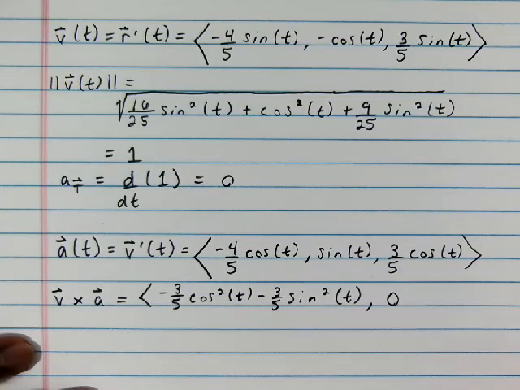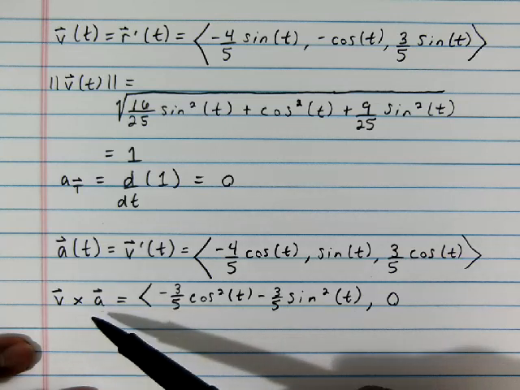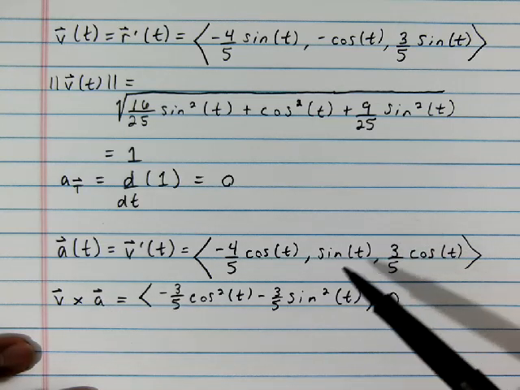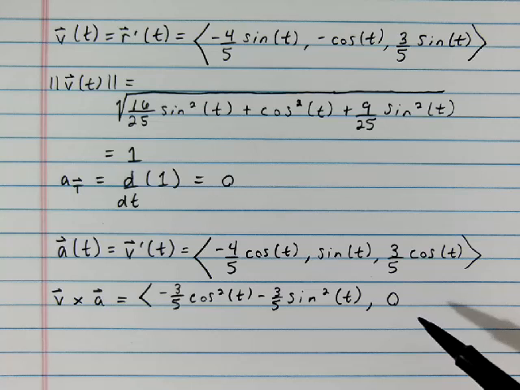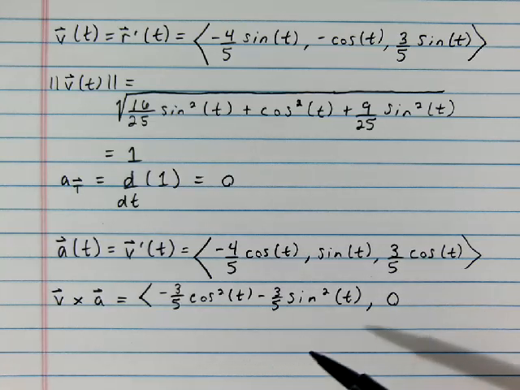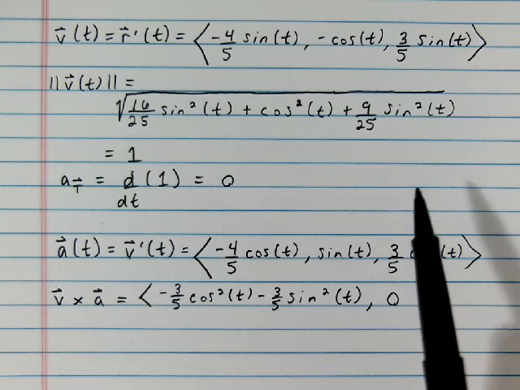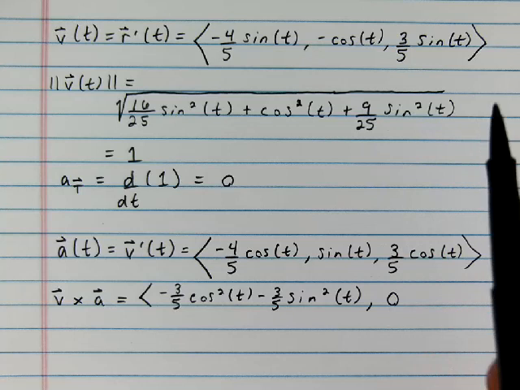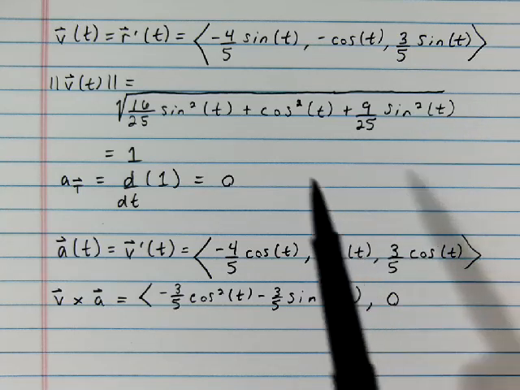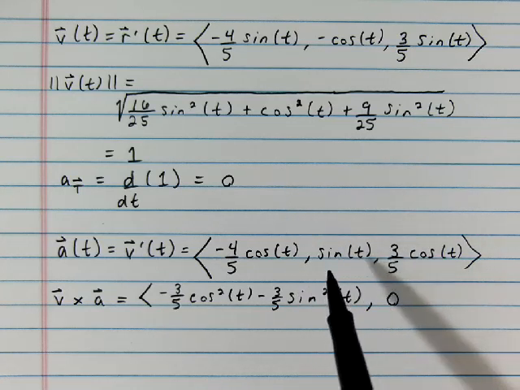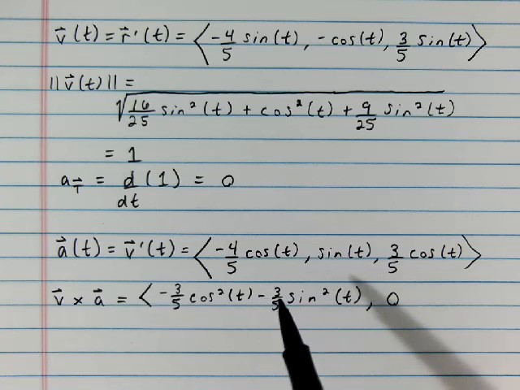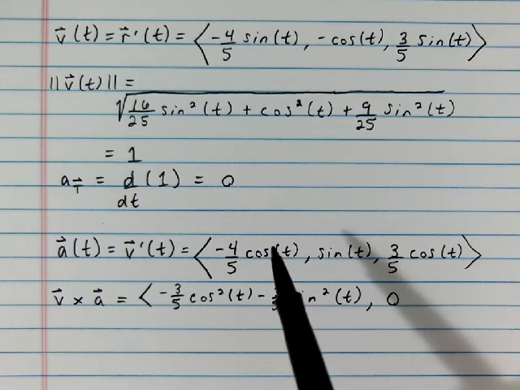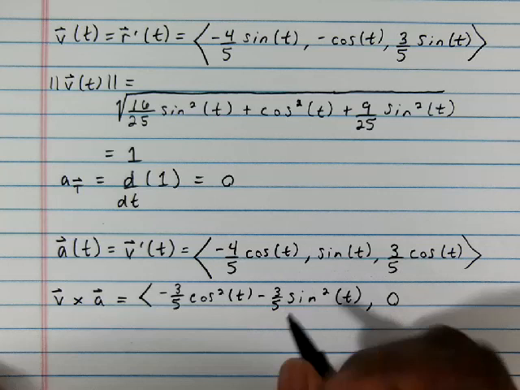And if you're computing this cross product, don't do like me and sit here and do it in your head. Go off to the side and work it out. But since we're not working on cross products anymore, you're all familiar with that. That's why I'm not doing the steps explicitly here on the paper. And then lastly, our k component is negative 4/5 sine squared t, and then minus 4/5 cosine squared t.